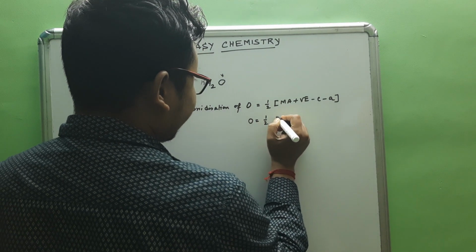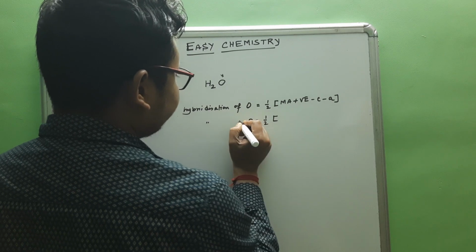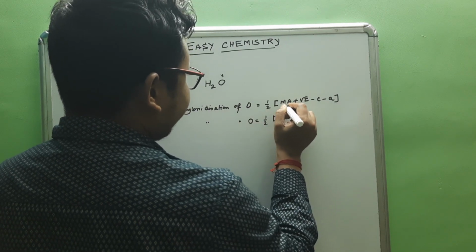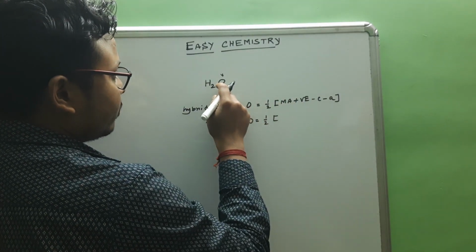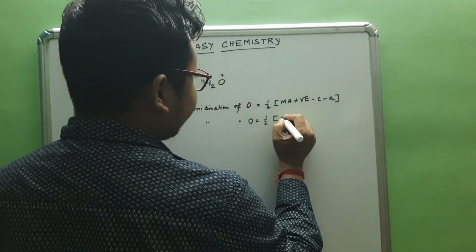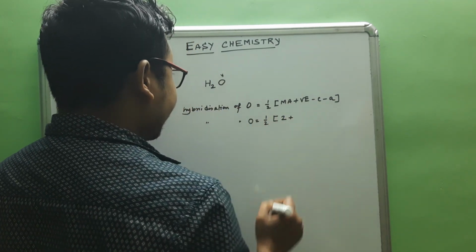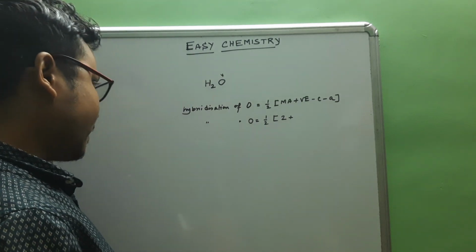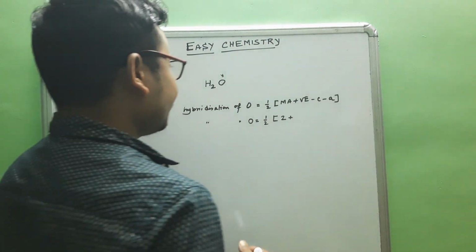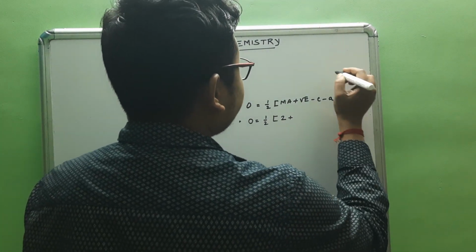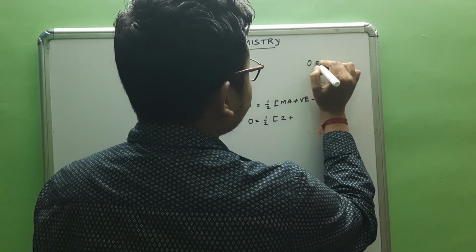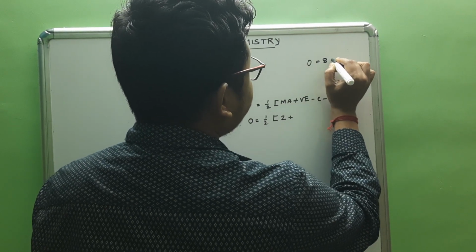So Ma is the number of monovalent atoms around oxygen. This is 2 because 2 hydrogens are present. And what is the number of valence electrons of oxygen? Oxygen atomic number is 8.